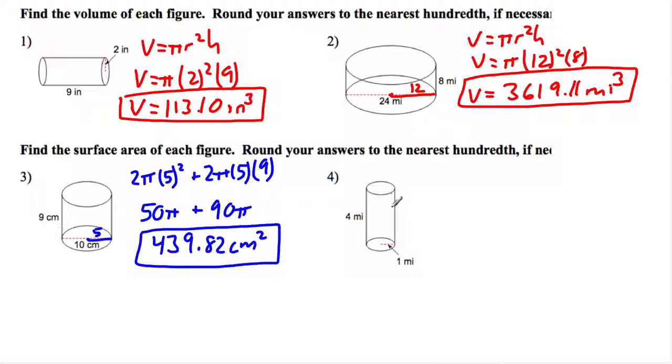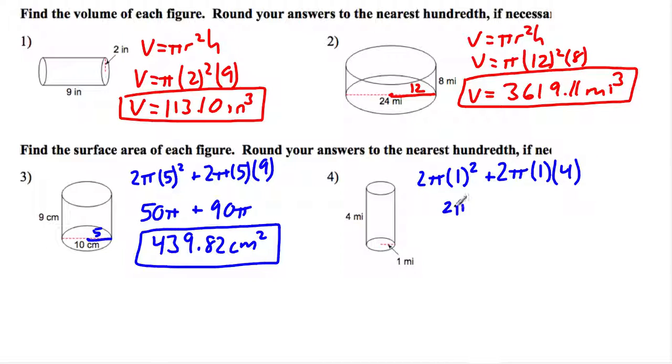In this last example here, we can see we have a nice radius of 1. So we have 2 pi times 1 squared, and pi times r squared, so pi times 1 is the area of this circle. We multiply by 2 to get the area of those two circles added together. And we multiply this by 2 times pi times 1, which is the radius, times the height, which is 4.